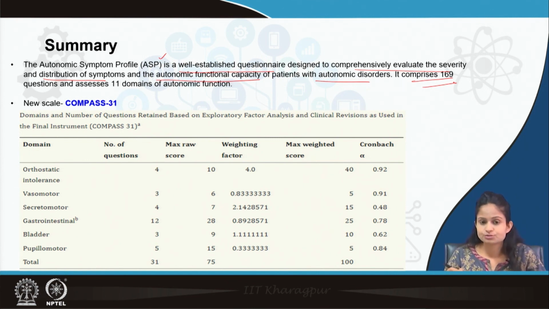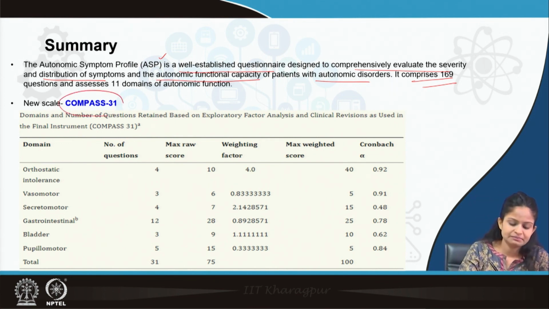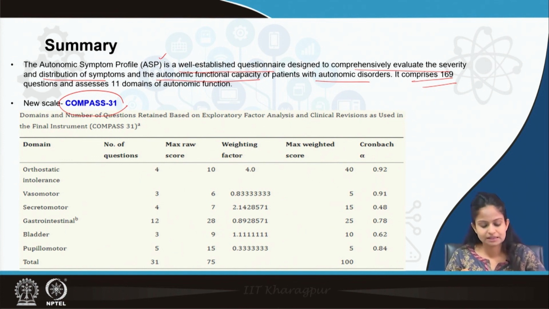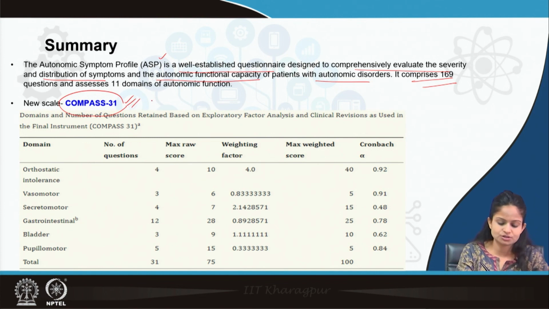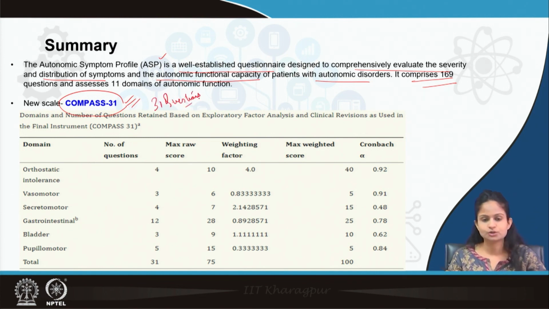But since it used to take a lot of time, a new scale has been developed again by Mayo Clinic, that is COMPASS 31, the composite autonomic symptom score. So, this COMPASS 31 has reduced the 169 questions to 31 questions, and these 31 questions consist of various domains.